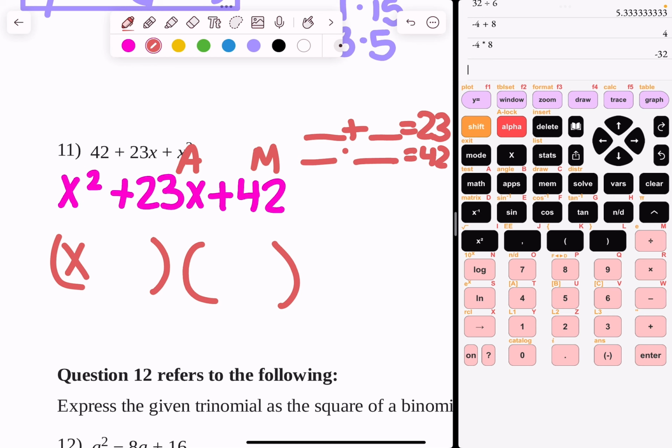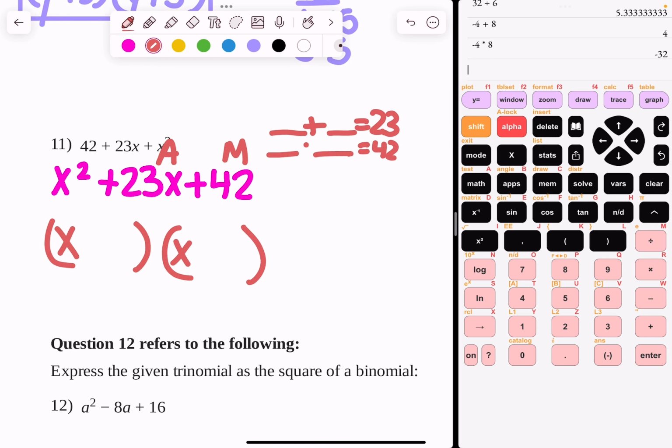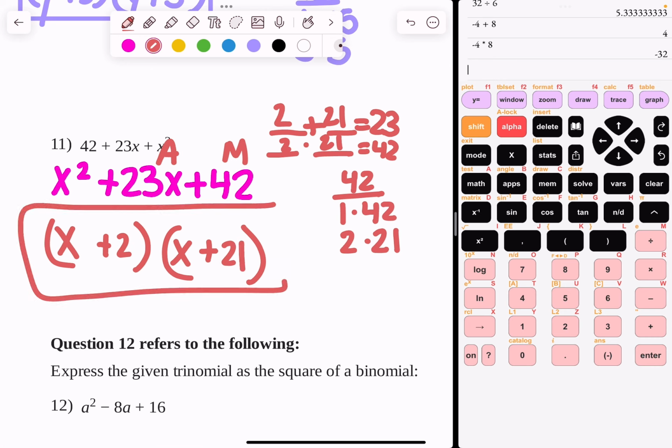X squared becomes x and x. All right, let's think about it. What numbers multiply to 42? 1 and 42, 2 and 21. Oh, right there, 2 and 21 would equal 23. And they could both be positive. Perfect.